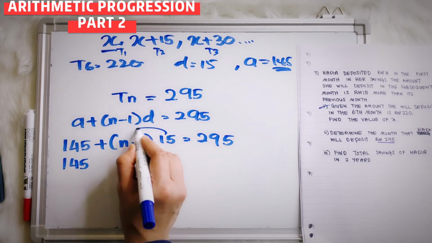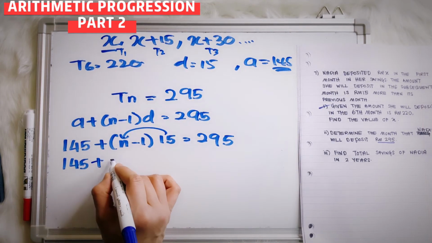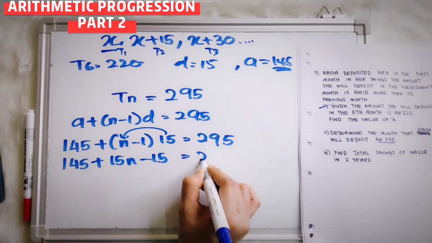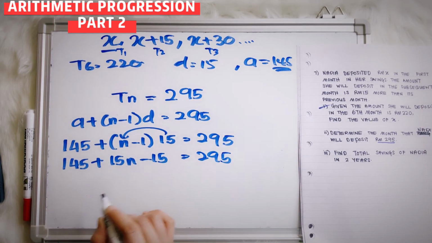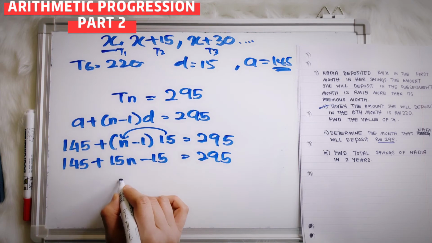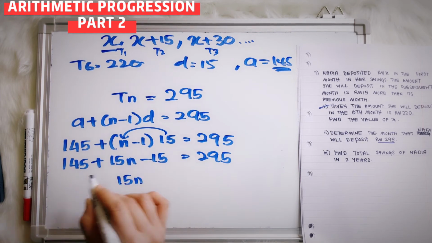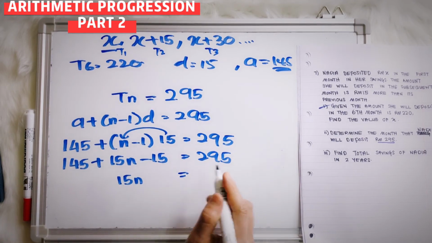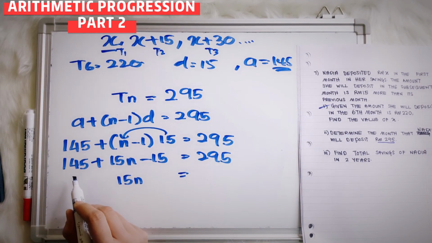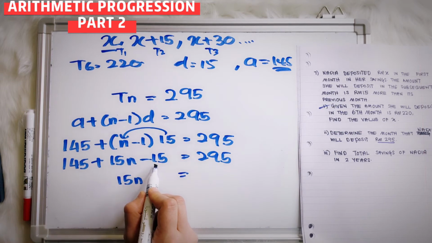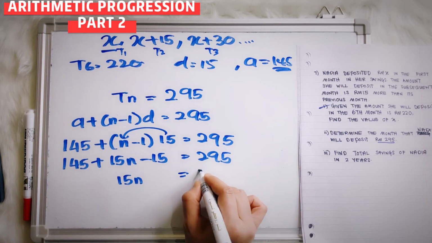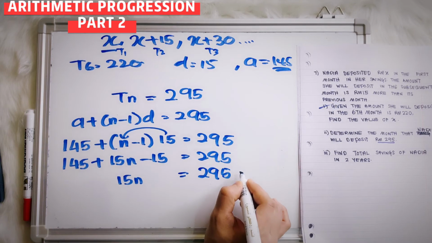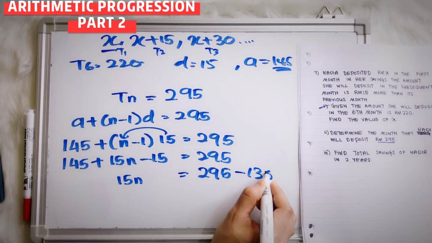145, 15 multiplied with n, we have here 15n, negative 15 equals 295. So we maintain 15n, and the rest I want to bring to this side. Before that, 145 minus 15, we have 130.